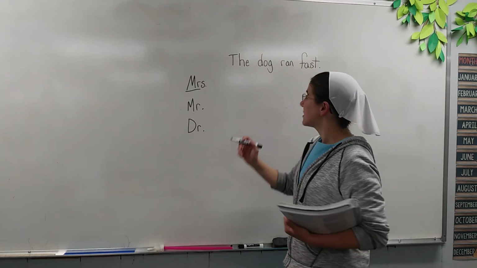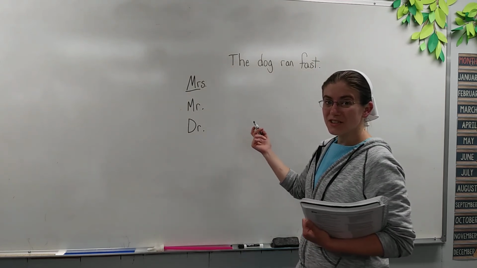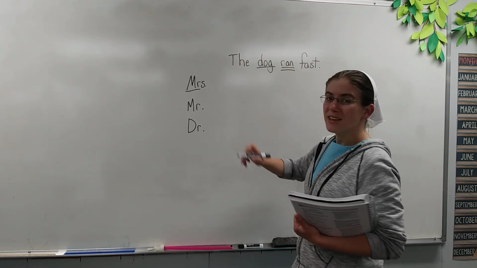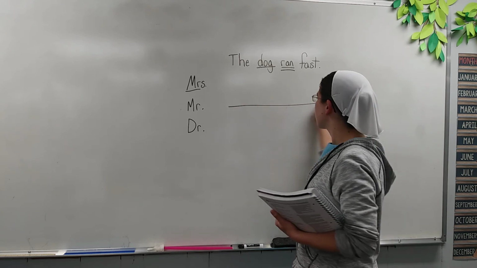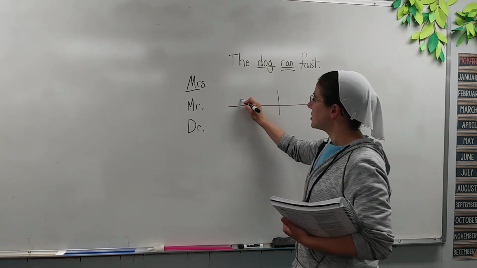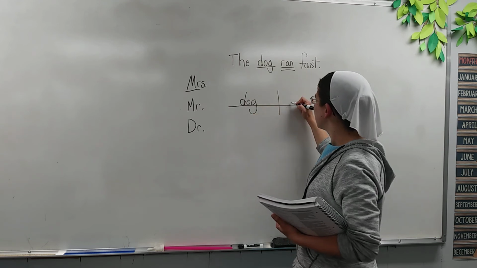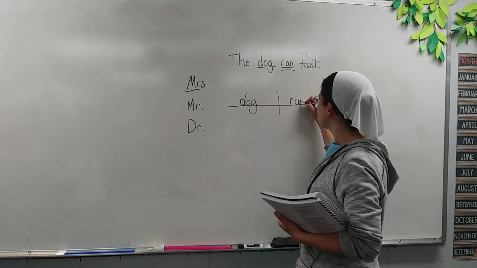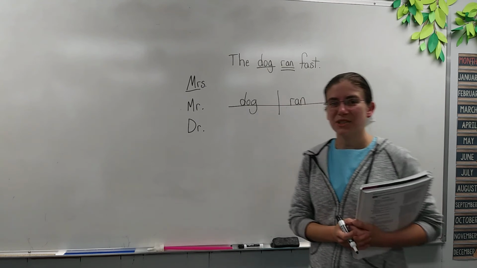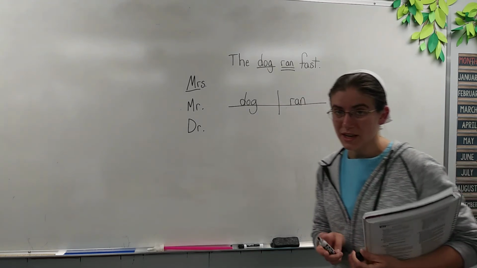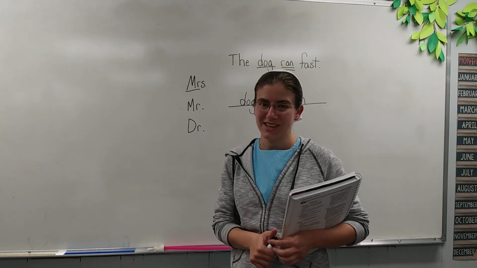What is the verb? What's the action in the sentence? Ran, and the subject is dog. So if I would want to diagram it, the subject goes on the left and the verb goes on the right. So that is how to diagram a sentence. And you can practice those on your study sheet if you like, before you take your test on Thursday.